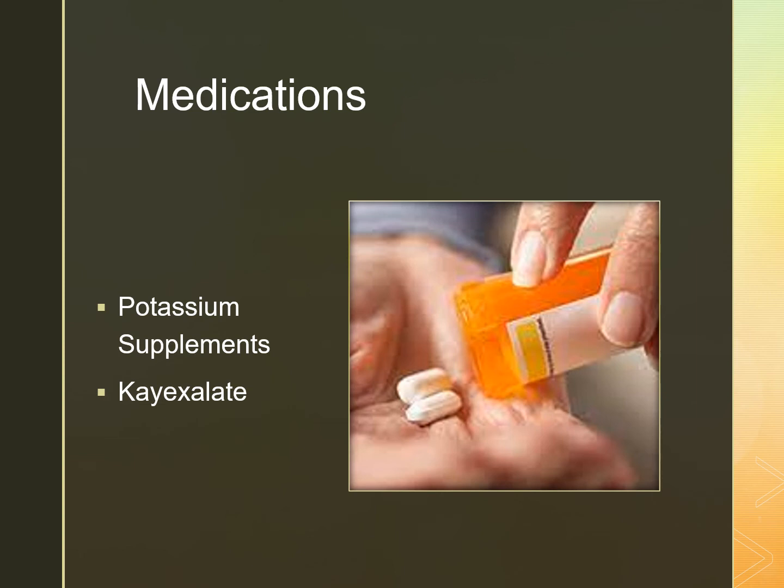When we give potassium as an IV bolus, it will depress the heart contraction, causes bradycardia and cardiac arrest. So, in other words, IV bolus potassium is never something we would give.